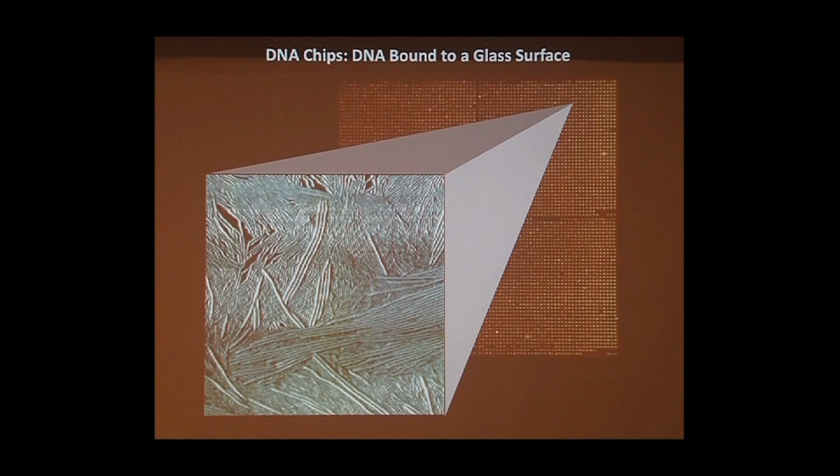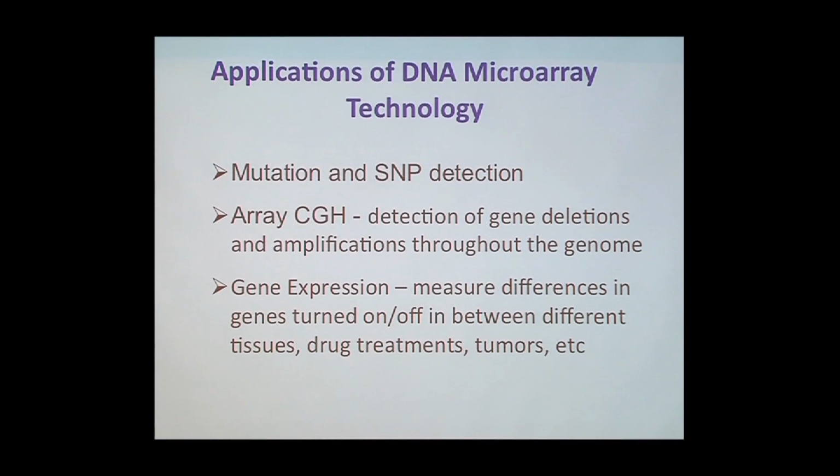And what a DNA microarray is doing is taking lots of DNA from different regions and placing it on tiny dots on a microscope slide. It's often called a DNA chip. So each of these thousands of dots has all this DNA lying down, okay? And this technology can be used in several different ways.